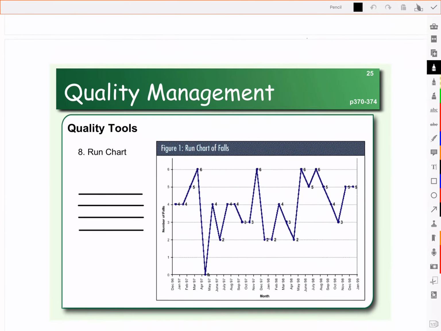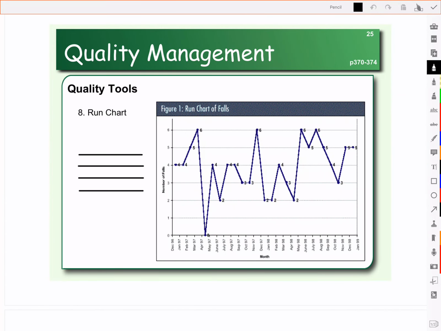All right, the last quality tool we want to look at is what is called a run chart. And a run chart, just like the control chart, looks at what is happening over time. So it's a line plot used to track the values of a variable over time.